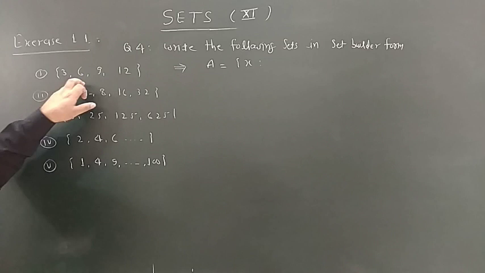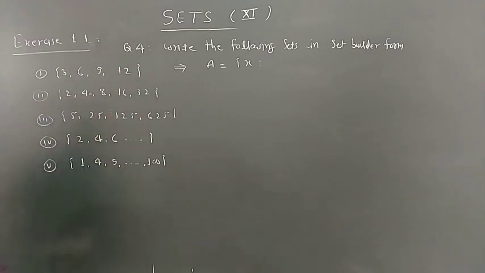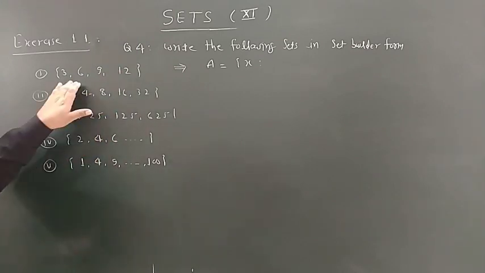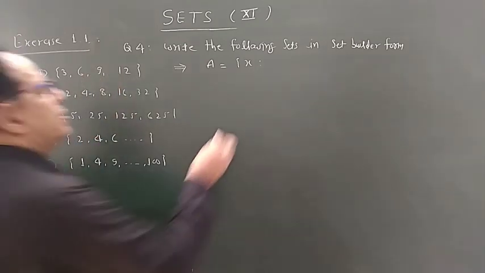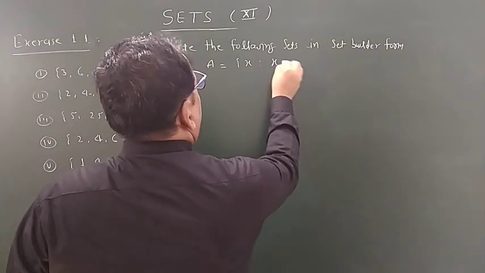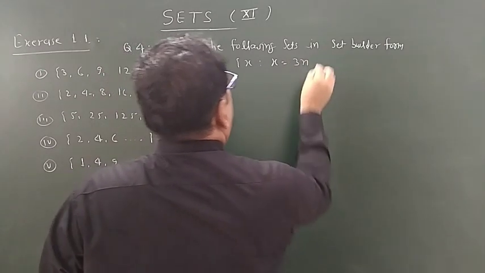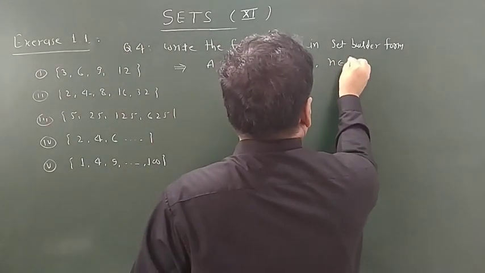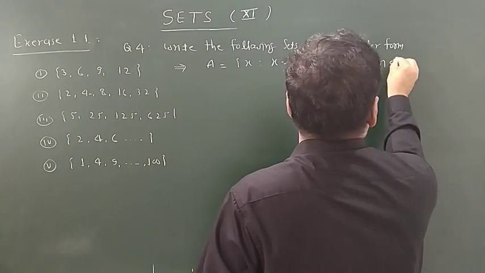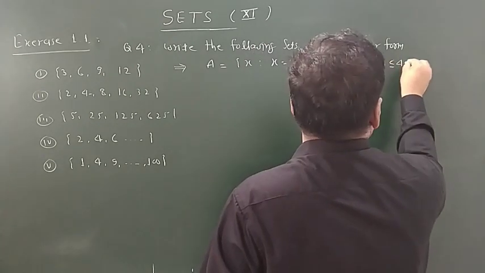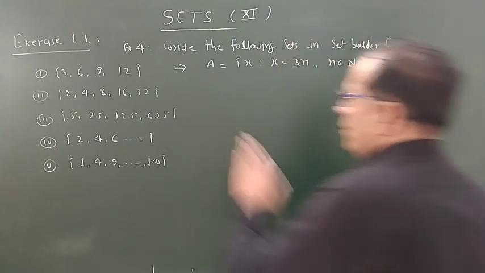So clearly these are all multiples of 3, all natural numbers but less than or equal to 12. So we start with x equal to 3n, n belongs to N, and n less than or equal to 4.